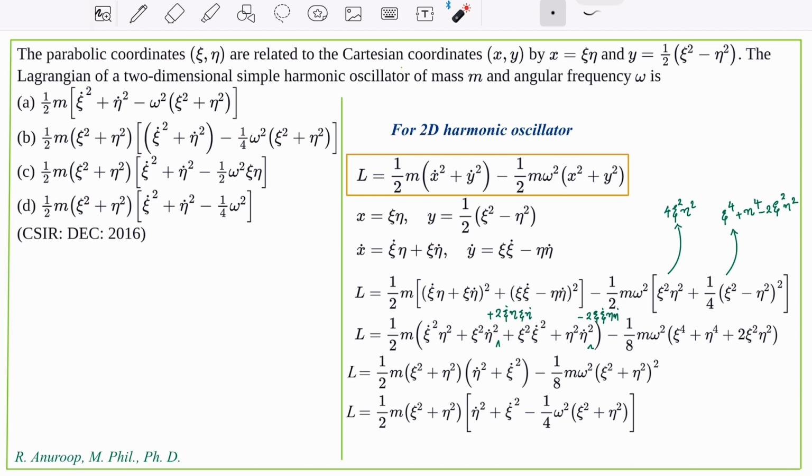That is, L is equal to 1 by 2 m into (psi square plus eta square), then within the bracket eta dot square plus psi dot square minus, here we have taken 1 by 2 also outside the bracket, so you have 1 by 4 omega square, because we have taken m also outside the bracket, times (psi square plus eta square).